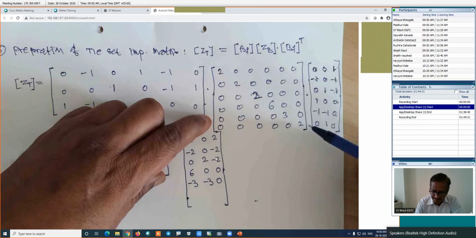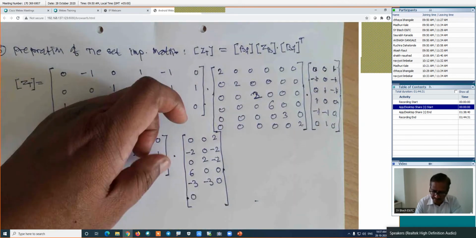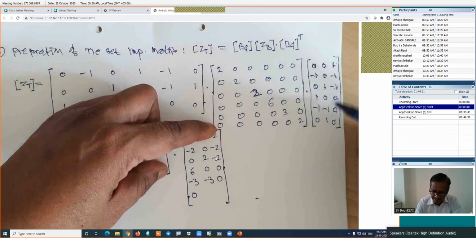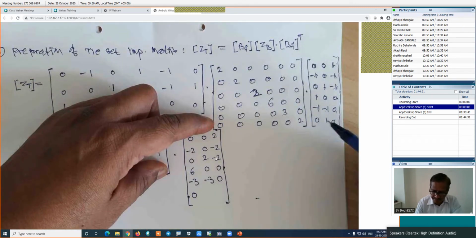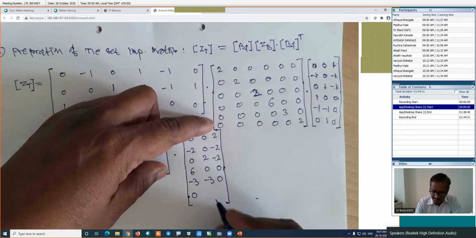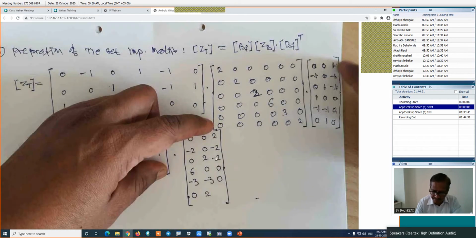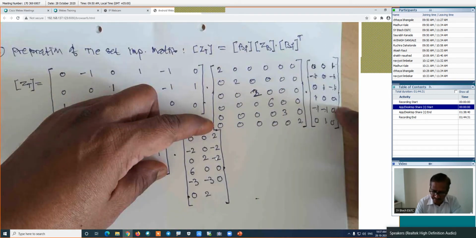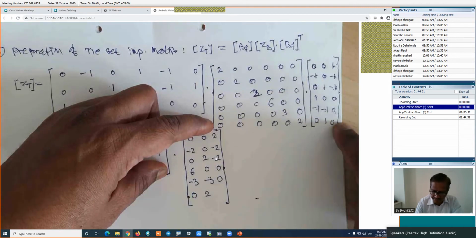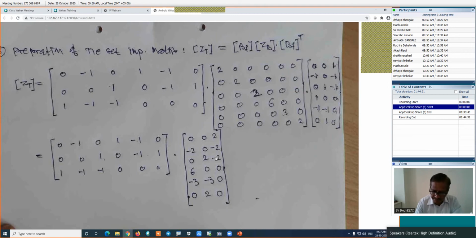And this 2 into 0 will be 0. Again, this row and this column, all zeros. Multiplication of these will be zeros. This is 2 into 1, which is 2. And finally, these five zeros multiplied with this value are 0, and 2 into 0 is 0. This is the multiplication of those matrices.